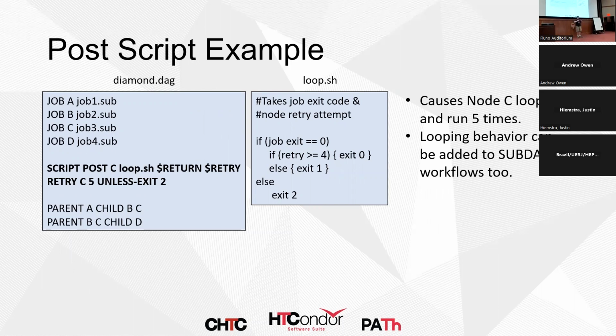This makes the node a failure, and then retry kicks in and says, we failed, and it tries again. And we keep doing that, and then finally, once retry has hit 4 times, we're done. Exit 0, the node is successful as a whole, and we carry on with the DAG.